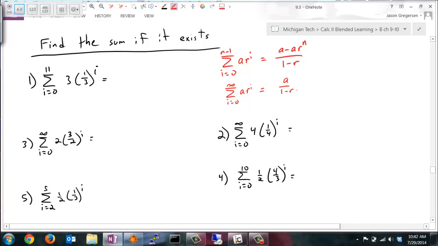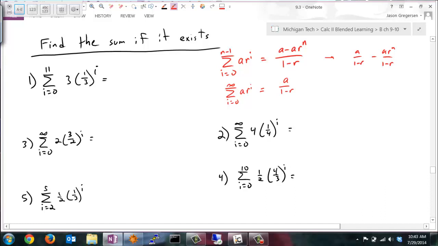We've already evaluated the limits to simplify to this. I mean, really, you think about it, we can break this into two pieces. This piece minus some other piece. Well, for summing to infinity, that piece kind of goes away. If I were to simplify this, it just looks like a over 1 minus r minus a times r to the n over 1 minus r. And we'll kind of see that as we simplify some of these results.